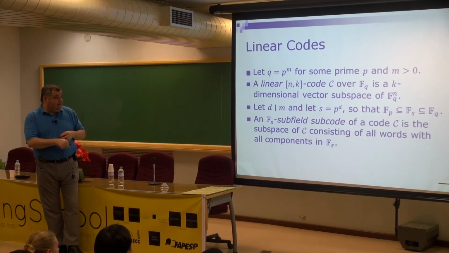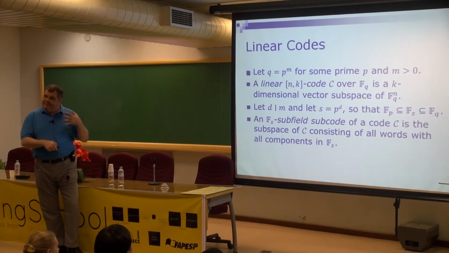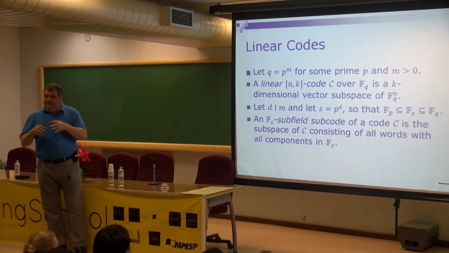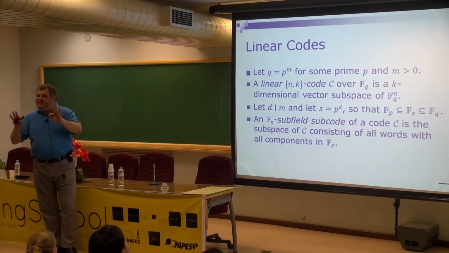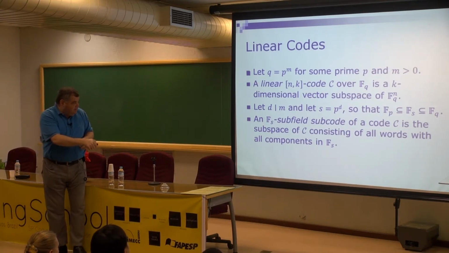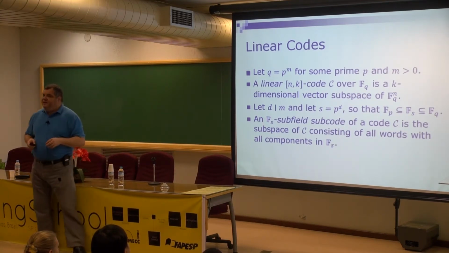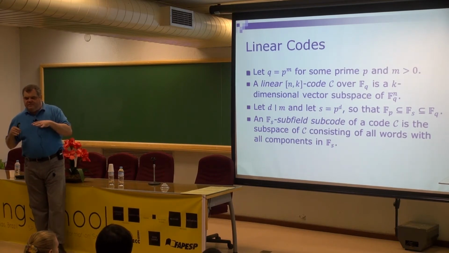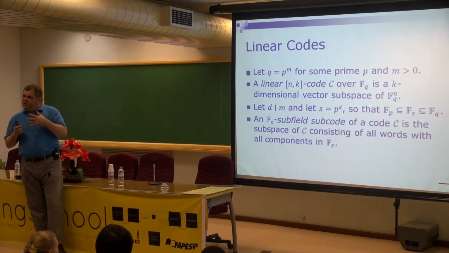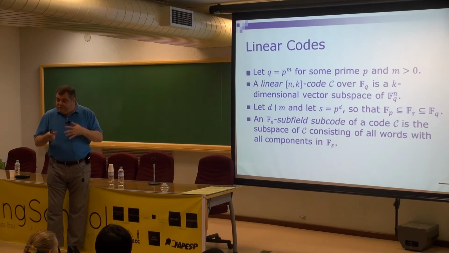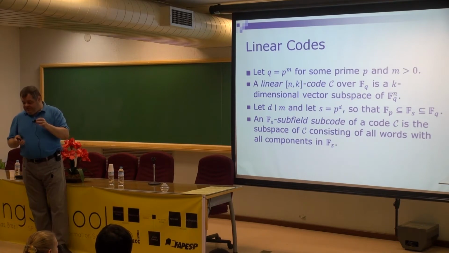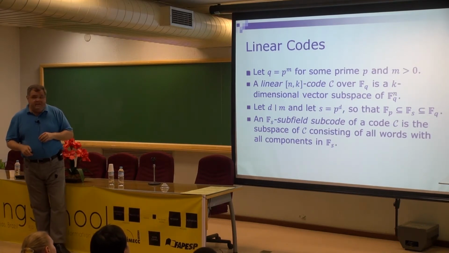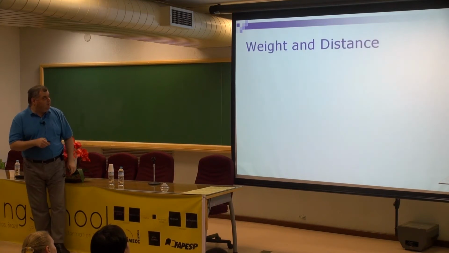So we say that an F_s subfield subcode of a code C is the set of all vectors of our code C whose components are completely contained in the finite field F_s. This will be important more for tomorrow when we discuss Goppa codes, which are subfield subcodes of certain alternant codes. And as I said, the choice of codes is critical for the security of a crypto system. So let's remember this mainly for tomorrow.